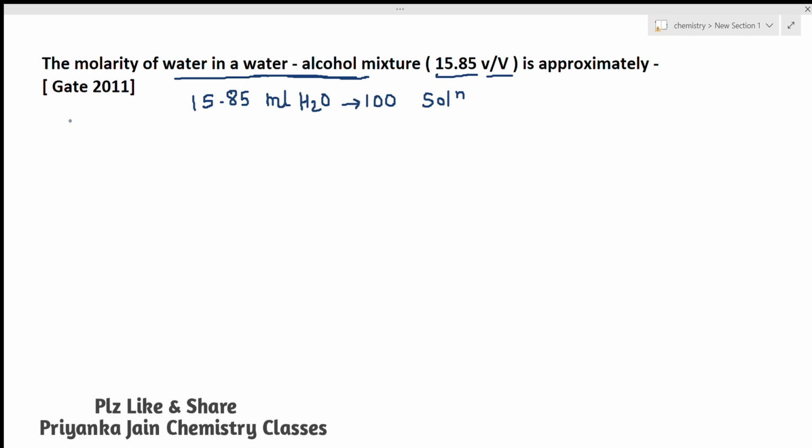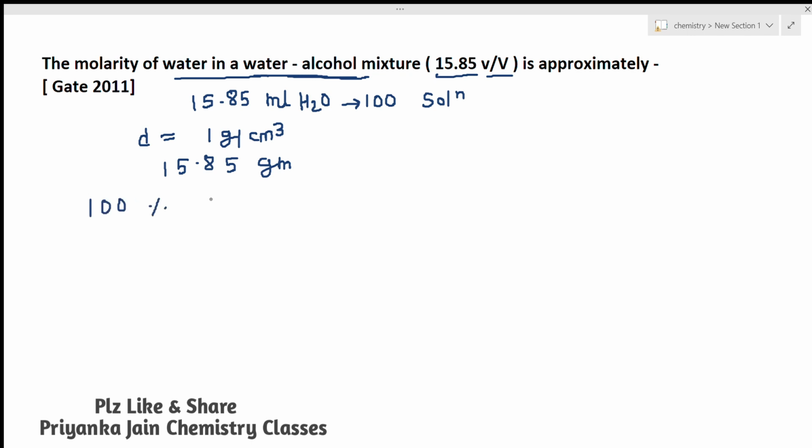Now we know that the density of water is 1 gram per centimeter cube. So we can write it like 15.85 grams. Firstly we should know the molarity of pure water, if we have 100% water.